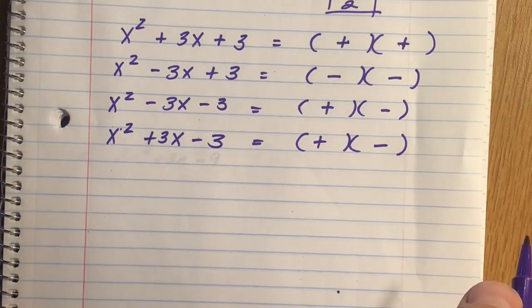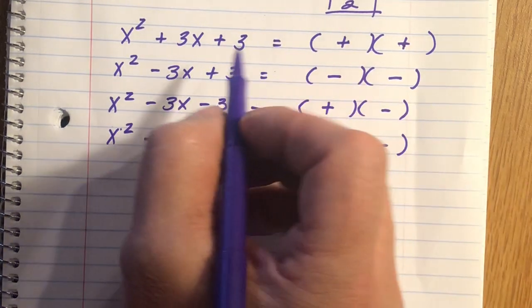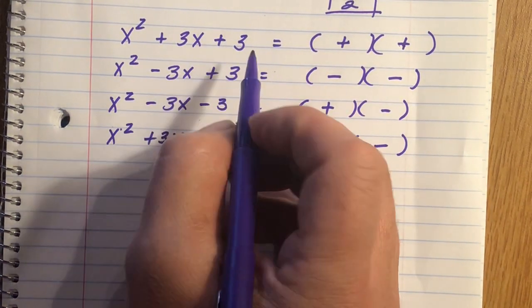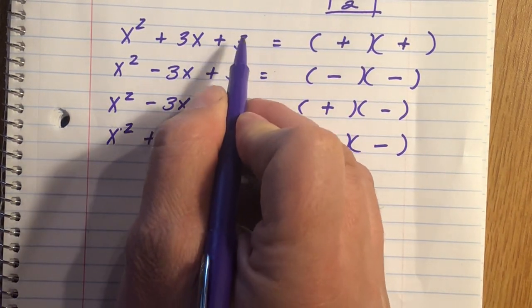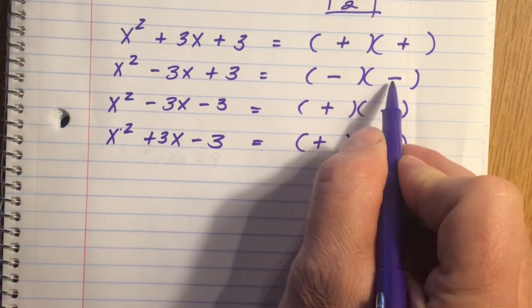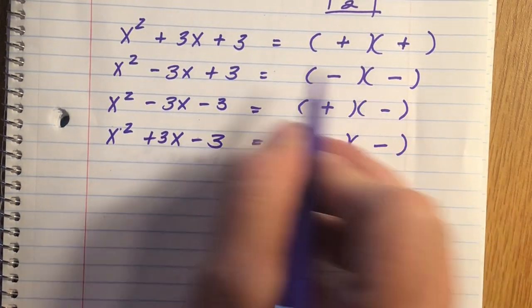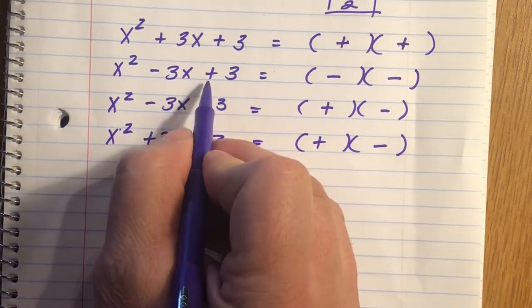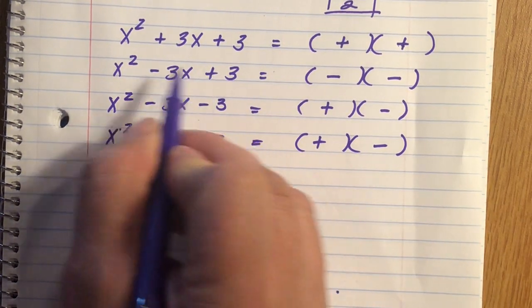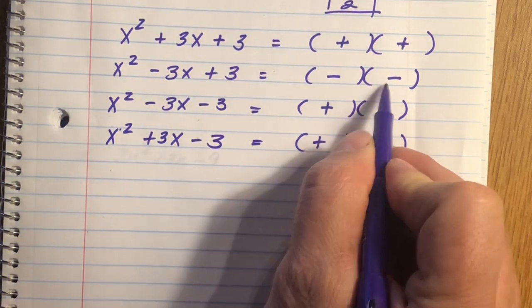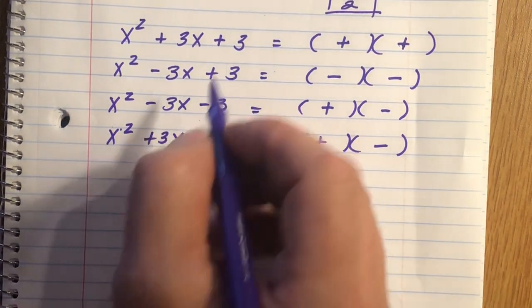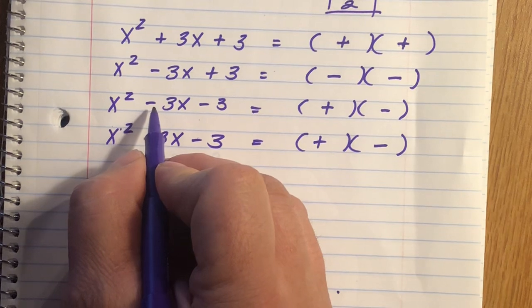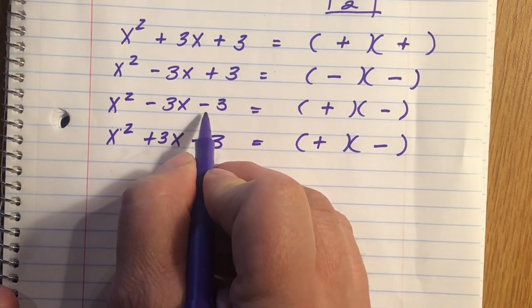My teacher, when I was in school, showed me the trick. He said if the last term is a positive, then the signs are going to be the same, and then you look at the middle to see what the signs are. So I know the signs are the same and they're both negative for my factors. Now look at this one. What if I have a negative middle term and a negative C term?